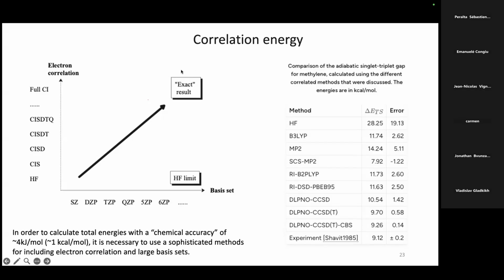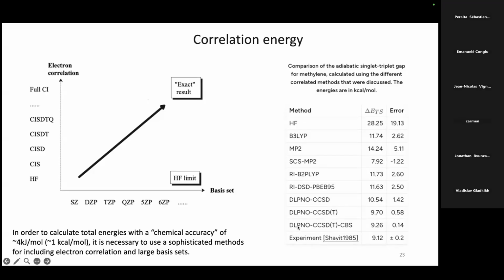So our objective here is to find the exact solution, which is the solution of the Schrödinger equation. We cannot do it practically for the molecular systems we deal with day to day. Hartree-Fock methods with a small basis set give very bad correlation effects, so it's not reliable at all. If you use relatively accurate methods like configuration interaction methods, you can approach the exact results.